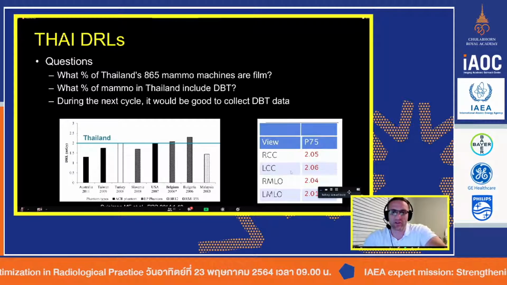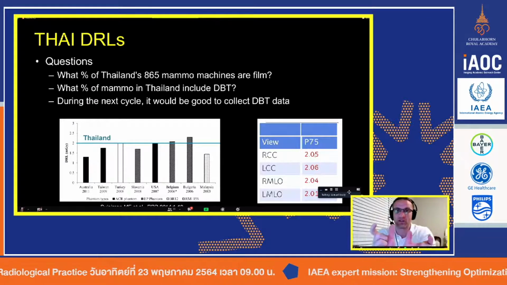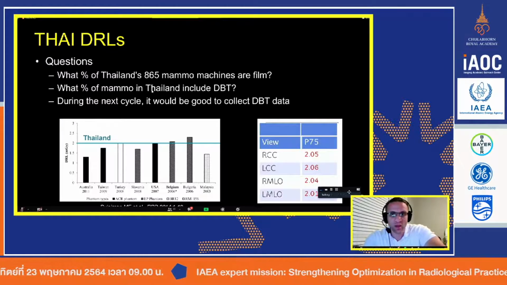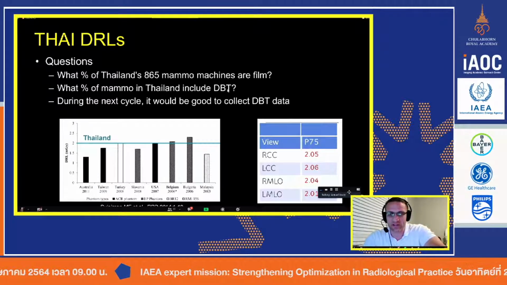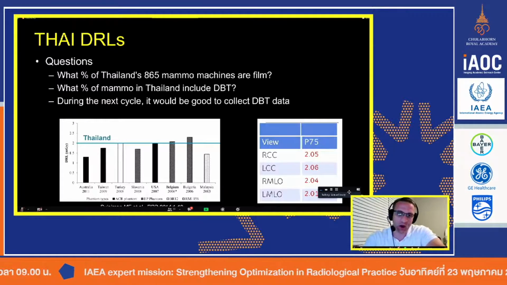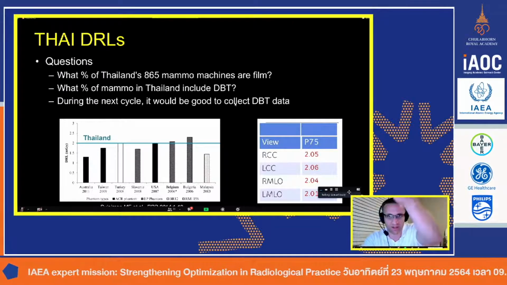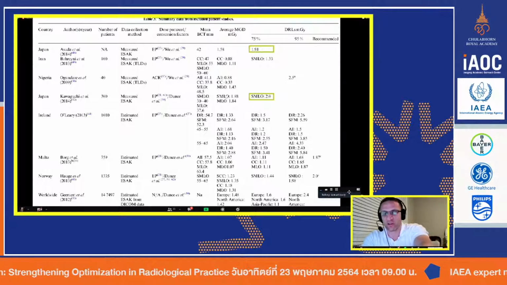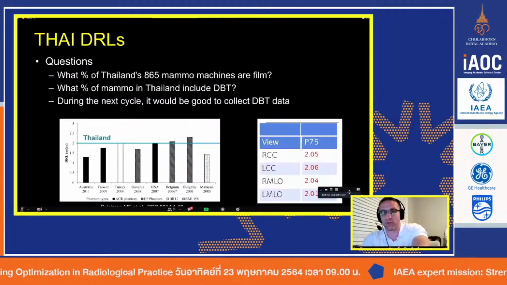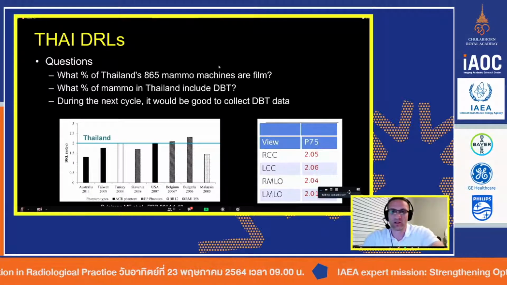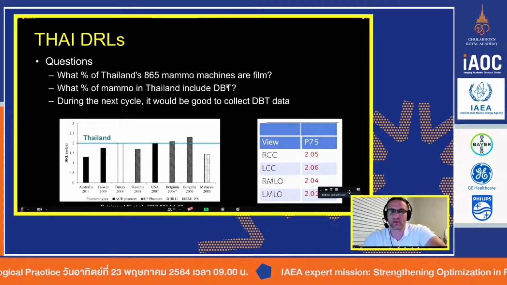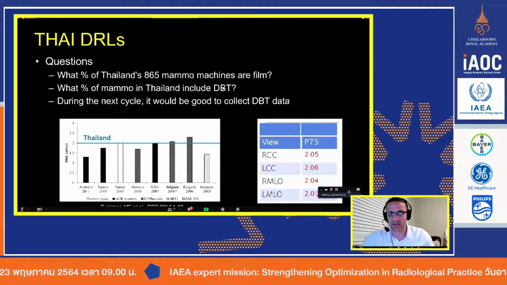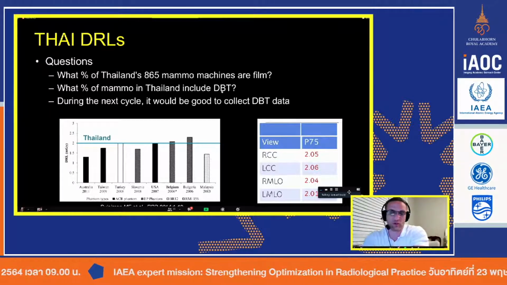But if there is a certain percentage that's film, I would separate the two, because I bet you'll find your digital is much lower than your film. And then the next question is DBT. So you saw back here, all of this is CC and MLO. Nowhere in the world are people really collecting good digital breast tomosynthesis data for DRLs. But as I mentioned, here in the US we have trended almost completely towards DBT.